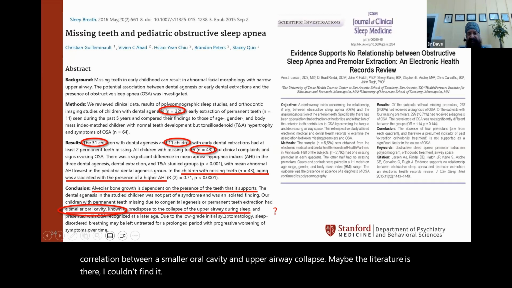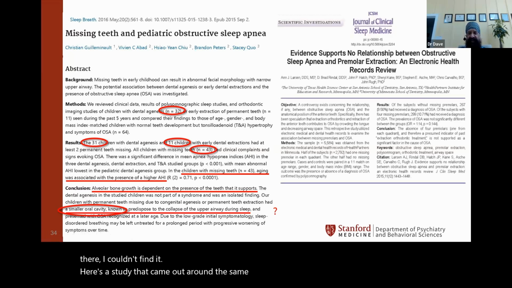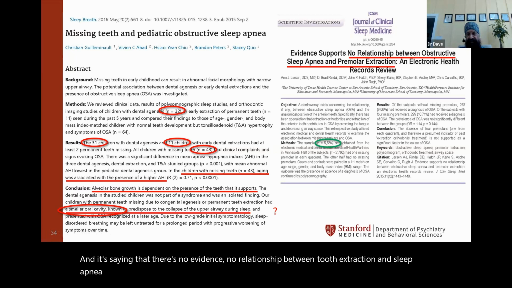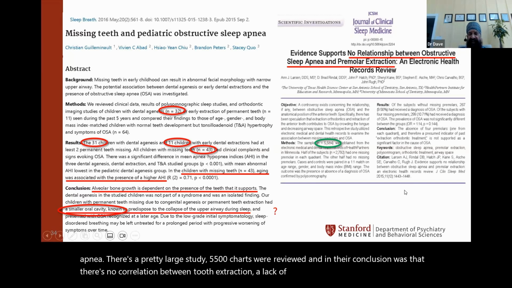Here's a study that came out around the same time, and it's saying that there's no relationship between tooth extraction and sleep apnea. It's a pretty large study, 5,500 charts were reviewed, and their conclusion was that there's no correlation between tooth extraction, a lack of teeth, and an increased risk of airway, breathing, and sleep issues.